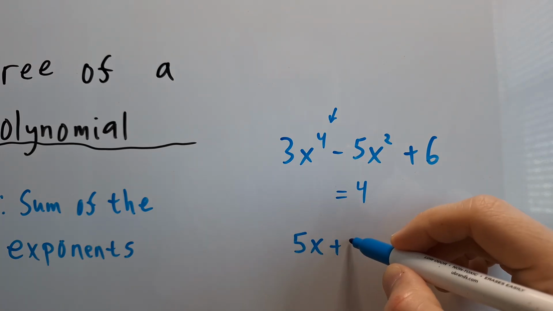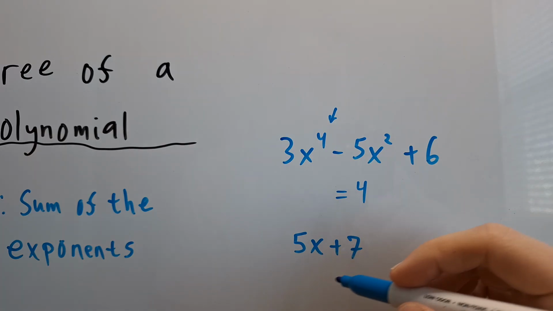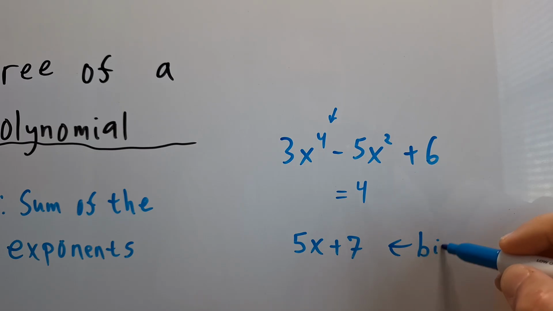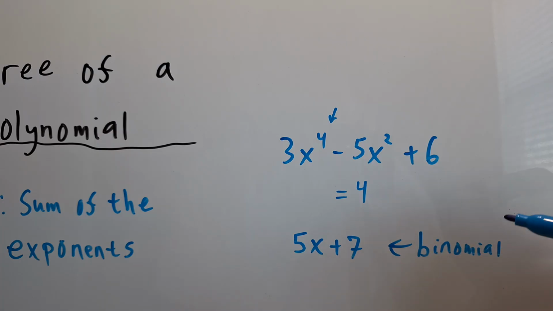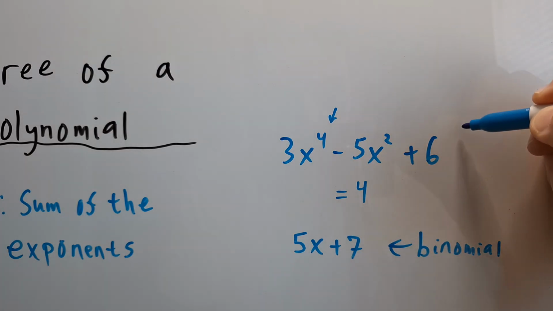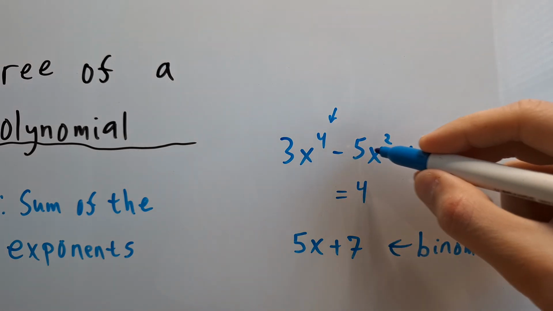Let's look at another one. 5x plus 7. Here we have what's called a binomial. A binomial is a polynomial with exactly two terms. This example up here is what's known as a trinomial, because there are exactly 3 terms.